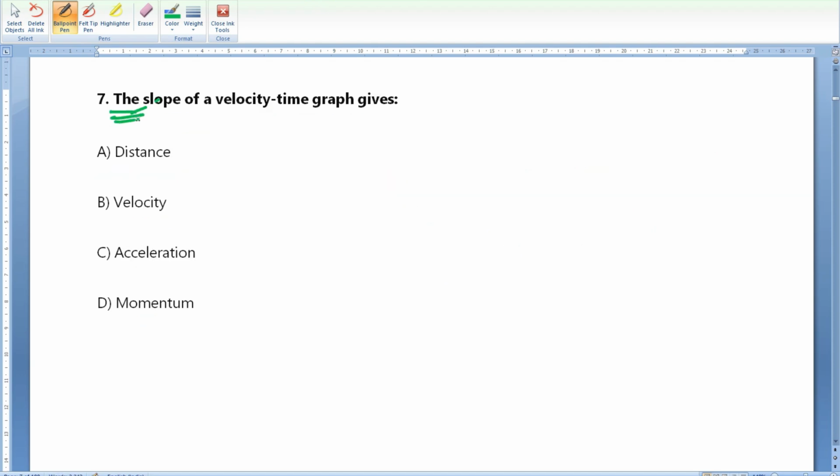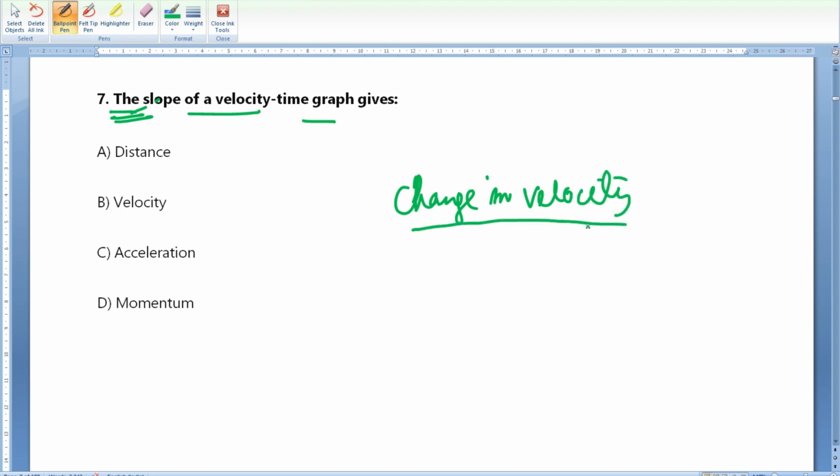Next question: the slope of a velocity time graph. Here slope in the velocity time graph means change in velocity, that is acceleration. Acceleration means change in velocity divided by time.